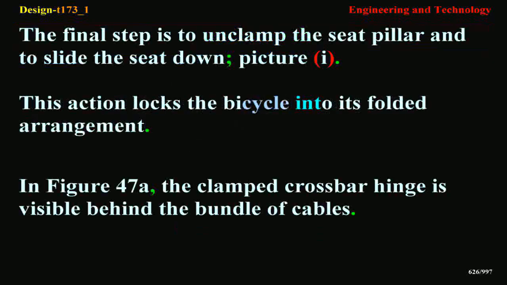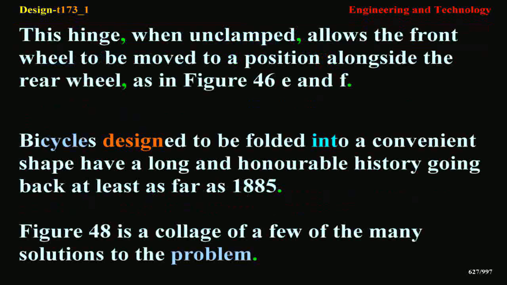The final step is to unclamp the seat pillar and to slide the seat down, picture I. This action locks the bicycle into its folded arrangement. In Figure 47A, the clamp crossbar hinge is visible behind the bundle of cables. This hinge, when unclamped, allows the front wheel to be moved to a position alongside the rear wheel, as in Figure 46E and F.